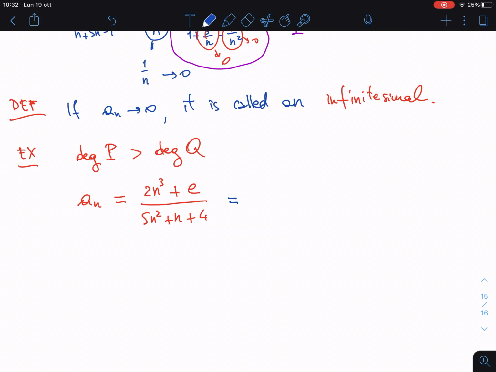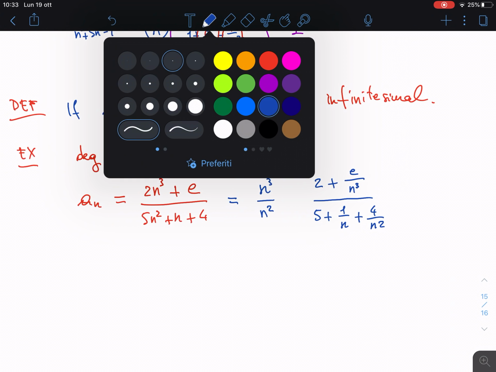So let us try to apply the same strategy as before. Here we collect n cubed, and here we collect n squared. So here you have (2 plus e over n cubed), and here you have (5 plus 1 over n plus 4 over n squared).